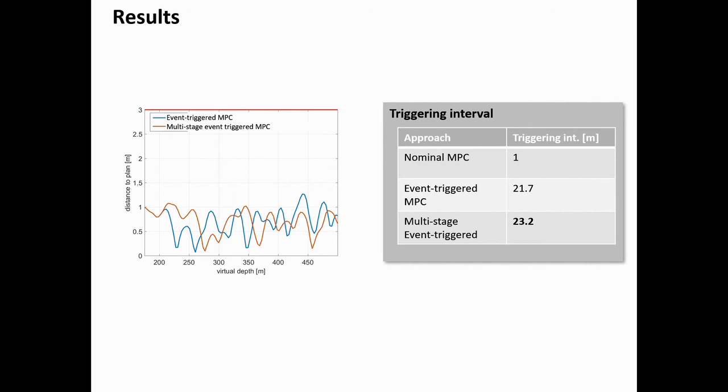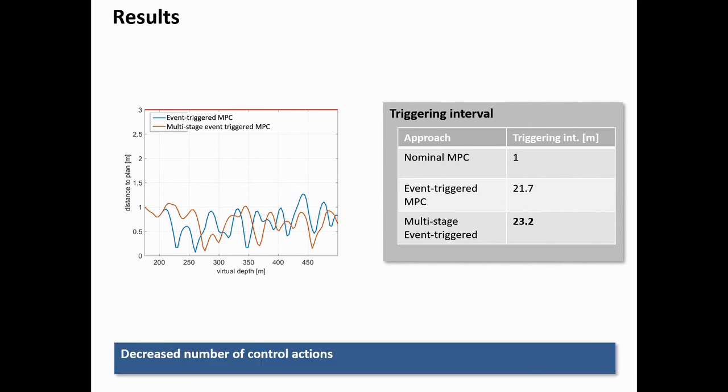This is because the uncertainty is now considered in the prediction of the MPC, so it's much less likely for the MPC to violate the corridor and therefore to trigger a new MPC iteration. So we have an increase in triggering interval.